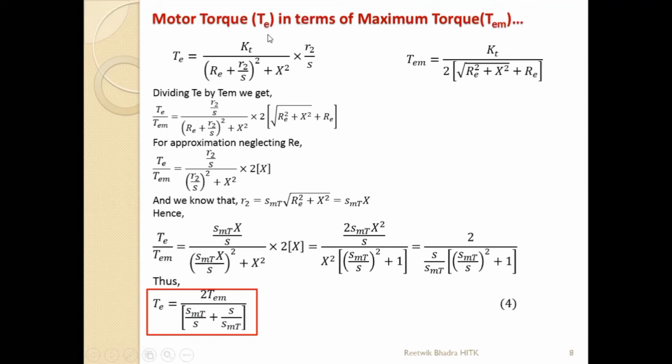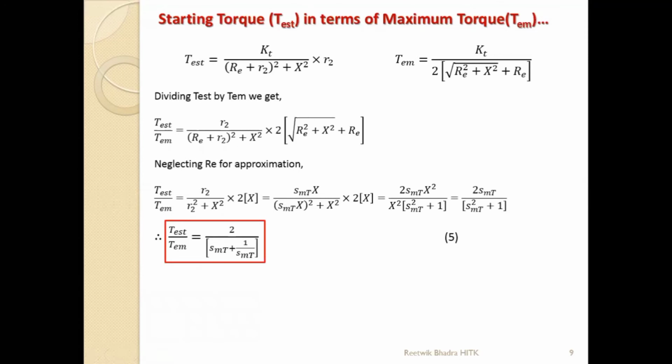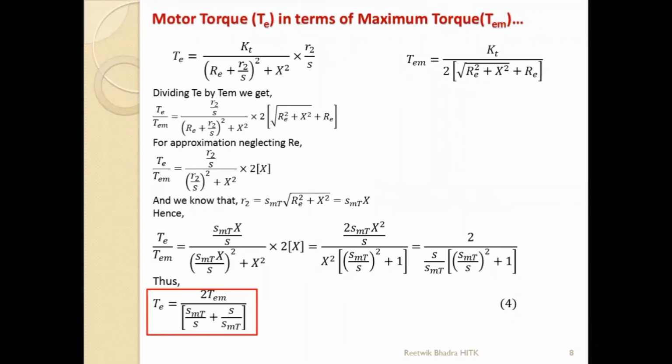Like I may ask you to derive motor torque in terms of maximum torque, or starting torque in terms of maximum torque. We can do this derivation in our semester exam, and using these formulas some problems may also be solved.